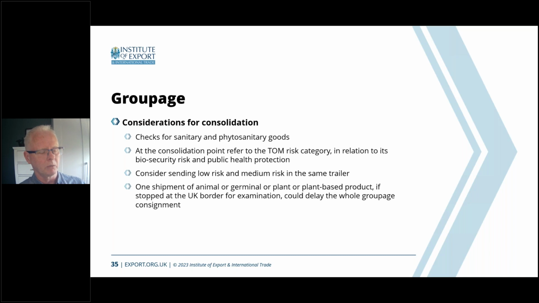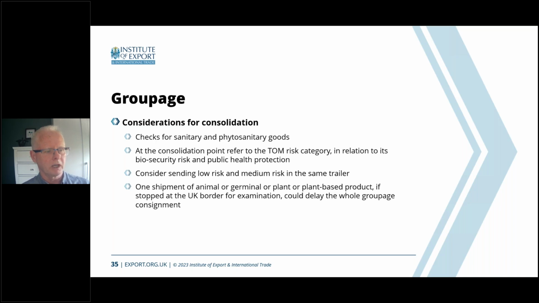So this is a particular area which the government have paid quite a lot of attention to, listening to what carriers and hauliers have said, particularly in the TOM engagement webinars that were issued not so long ago. The best thing is to consider whether you've got low risk or medium risk in the same trailer. If you have a medium risk and the rest of the goods are low risk, then that medium risk one could cause you even more difficulties when you get to the actual control point.